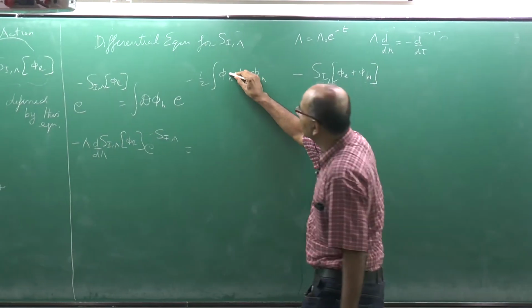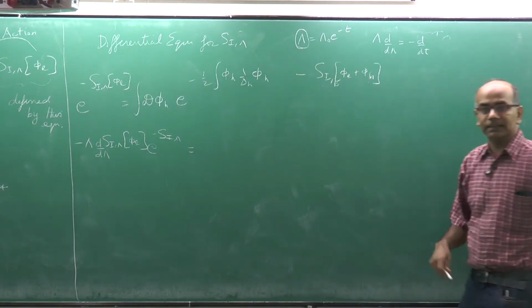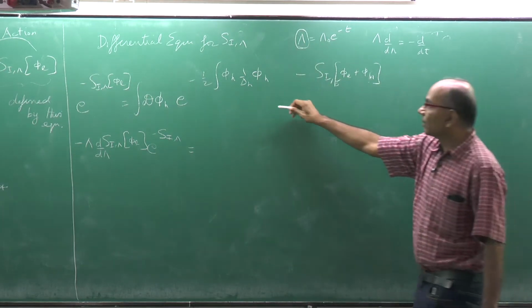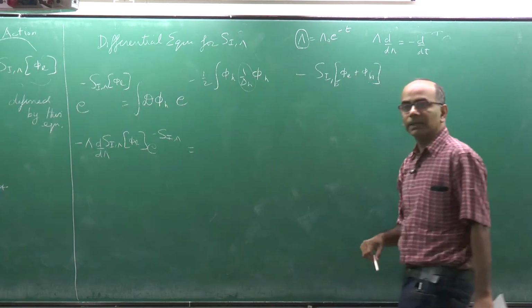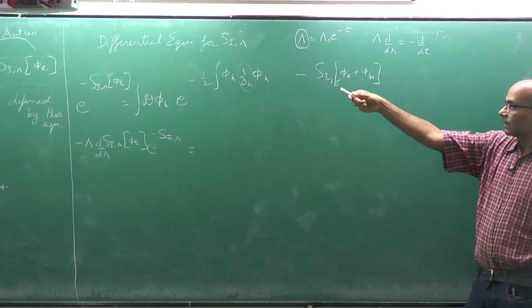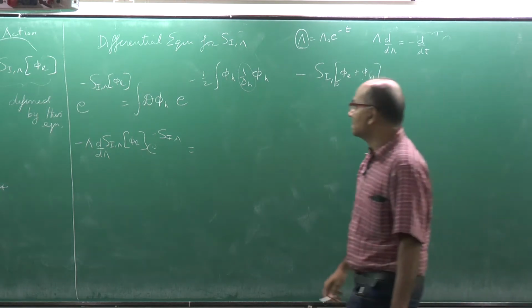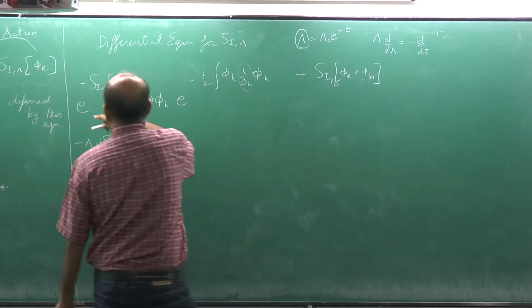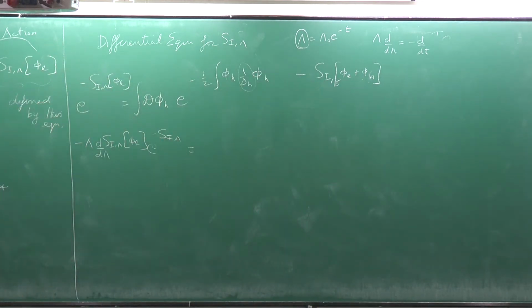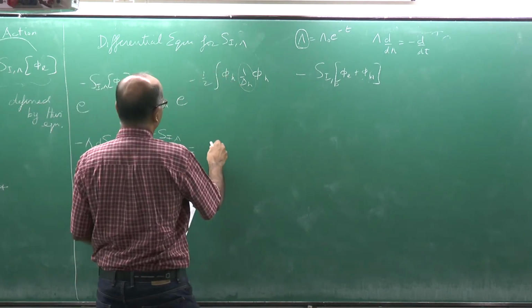This is phi h. This lambda dependence, where is that in this action? It only comes in through here. Right? This is a bare action. This doesn't know about any small lambda. I mean, capital lambda. It's just an action. At best, it can have lambda naught. It doesn't have capital lambda. So when I differentiate, I just have to differentiate this. So I get.